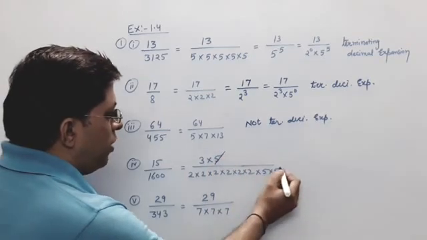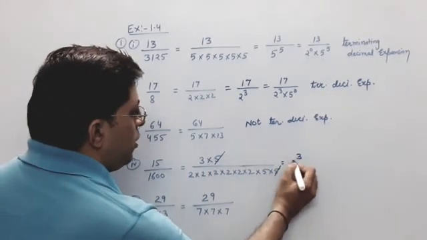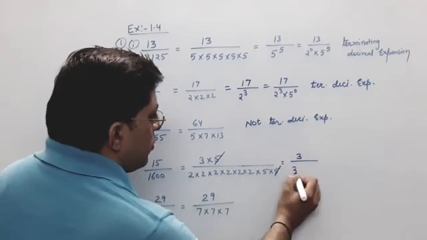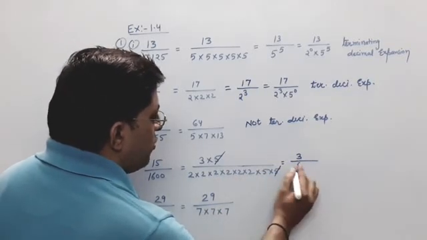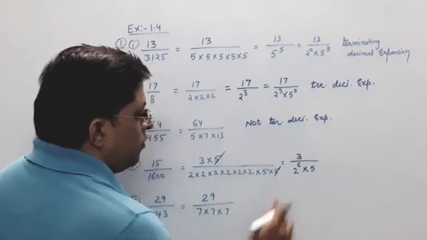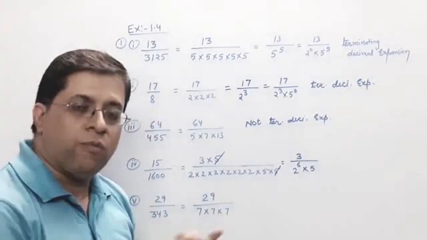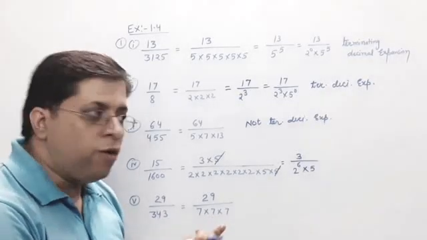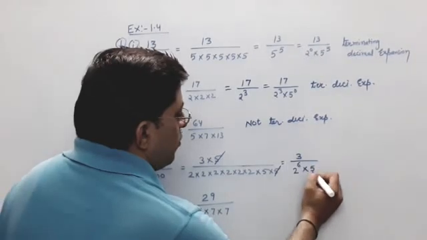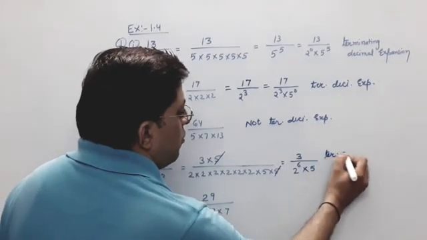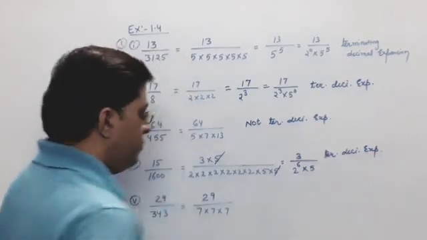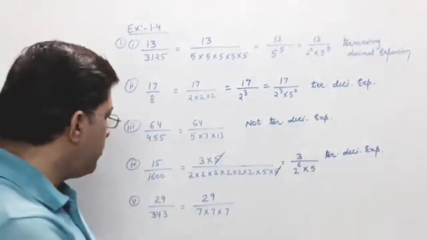So 5 and 5 cut, and you get 3 upon 2 power 6 into 5 power 1. This is also in the form of 2 power m into 5 power n, so this is a terminating decimal expansion.